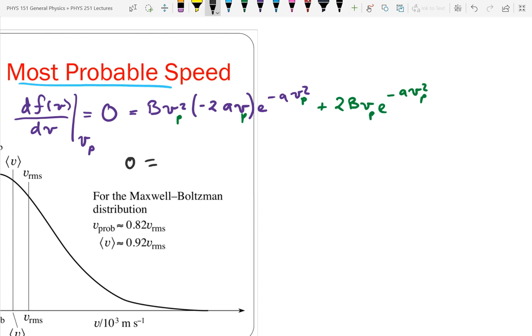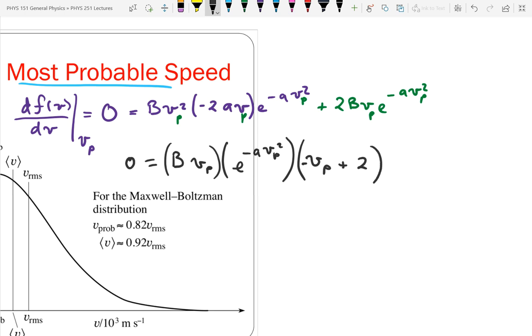0 equals Bv probable, because they all have a Bv probable, times e to the minus A v probable squared, because they all have that, times v probable plus minus v probable plus 2. Did I do that right?